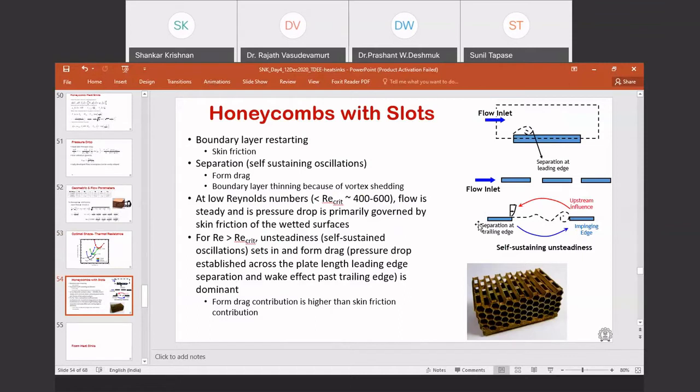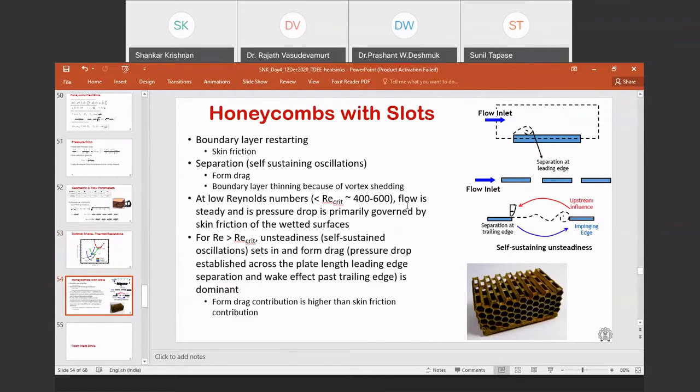The flow goes through this, and if you want to reduce the form drag, then you have to make this fin take an aerofoil shape essentially. So people have done all sorts of work around making not hexagonal slots, but making that into aerofoil shape and so on.